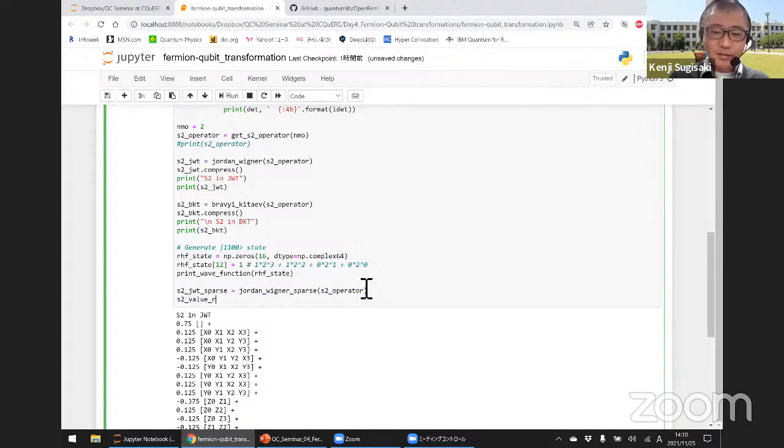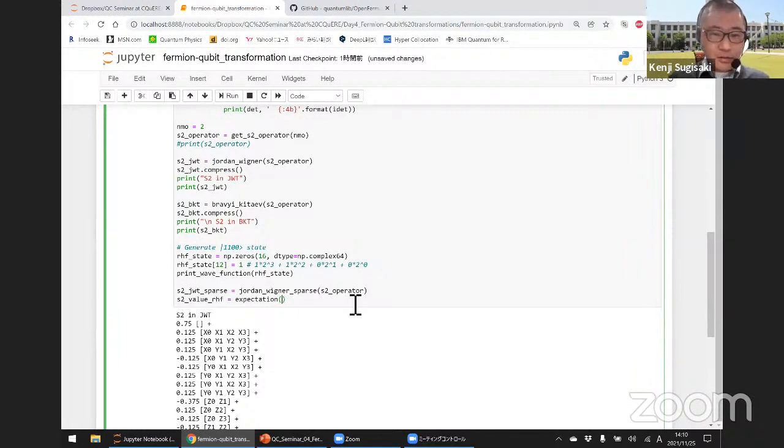By using this sparse operator, in OpenFermion there's a function called expectation. We can calculate the expectation value of the sparse operator.